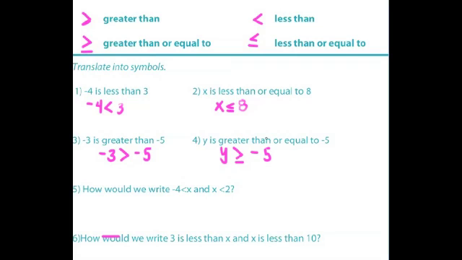How would you write -4 is less than x and x is less than 2? What we call these is the combined inequalities here. It's combined because there's two of them, right? And the word that's separating them is this word and. A good way that I remember how to write an and statement is sandwich.